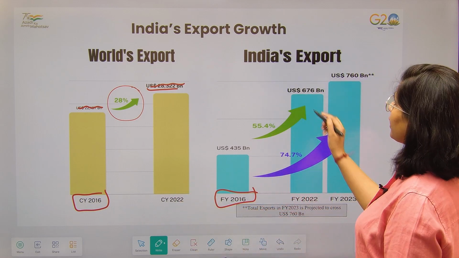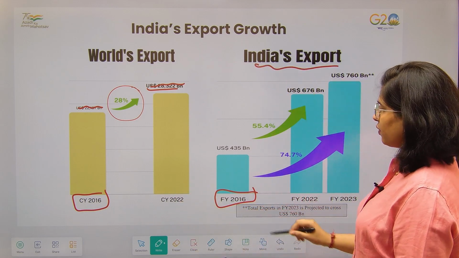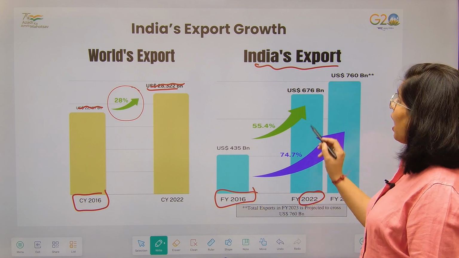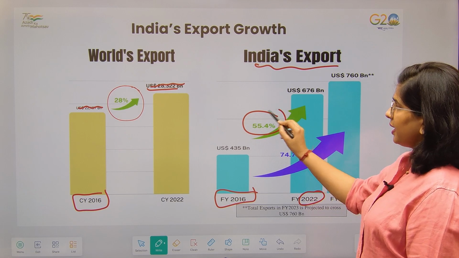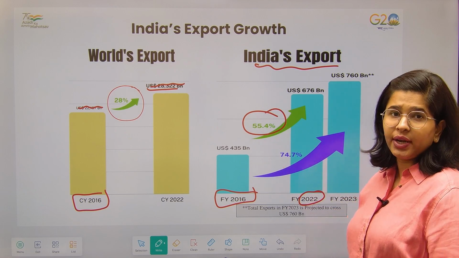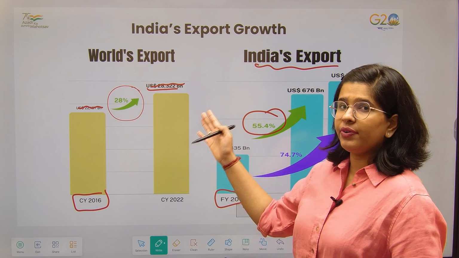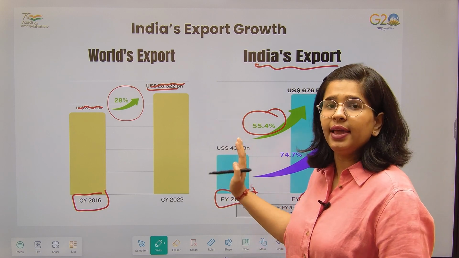Moving ahead and talking about India's exports, see over here, 2016 compared with 2022, our growth rate in exports has been 55.4%, an impressive one, right? Compared with the world, we have done quite well in exports.